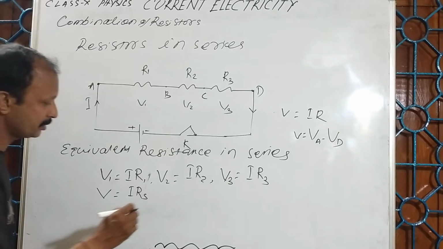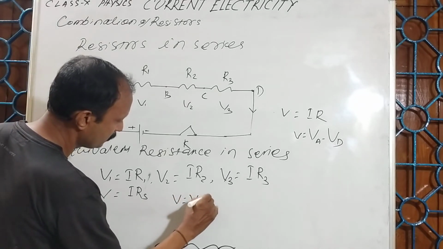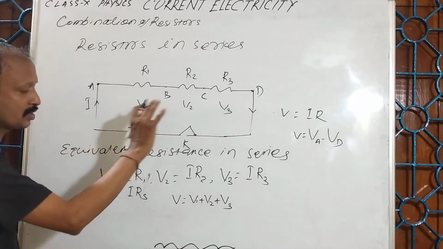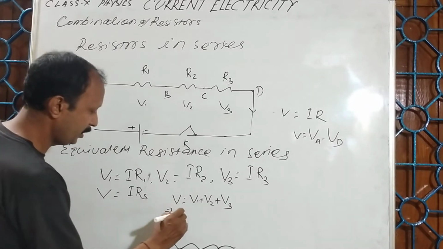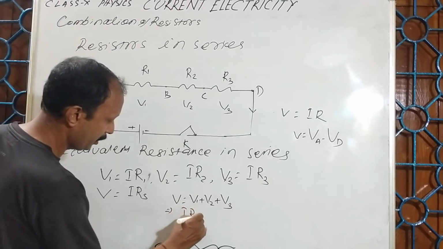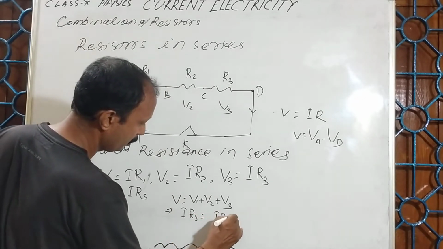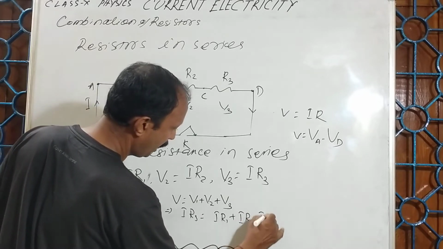Before that I said that V is equal to V1 plus V2 plus V3 if these three resistors are connected. So now in place of V I can write IRS is equal to IR1 plus IR2 plus IR3.